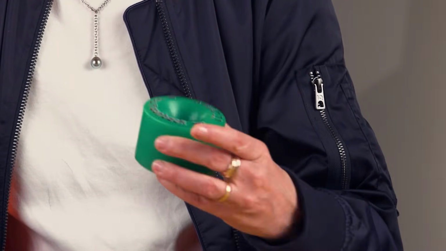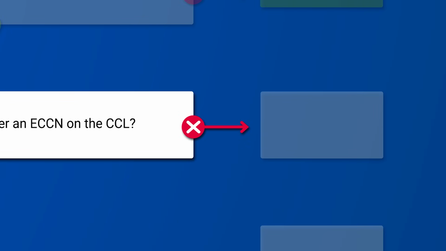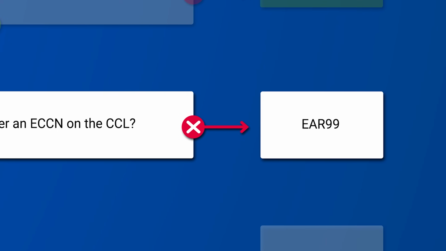For example, I have a skateboard ball bearing here that was made in the US. I check the shipping papers and find the EAR99 classification. The ball bearing is therefore not listed in the CCL under an ECCN. But it's important to note, EAR99 doesn't automatically mean no license is required under the EAR.